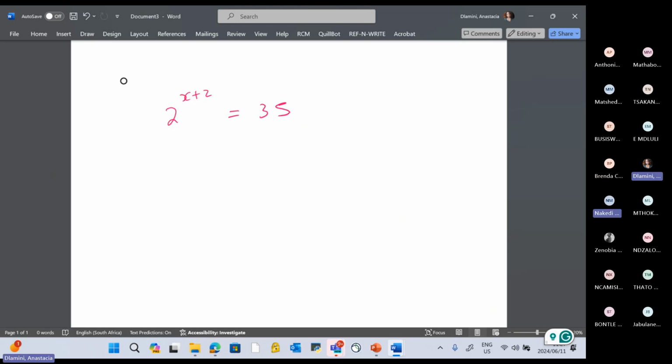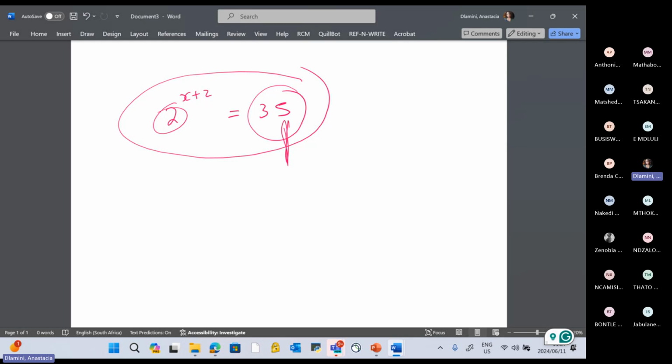Yes, ma'am. So the logarithms actually help us to solve a problem like this, where you can't say 2 to the power of something to get this number. Do you see the importance of the logarithm? Yes, ma'am.